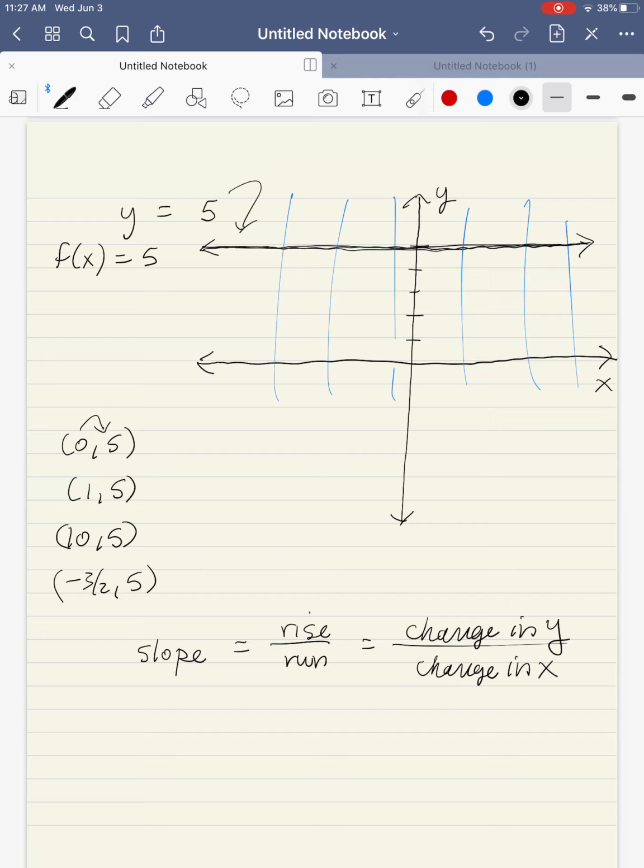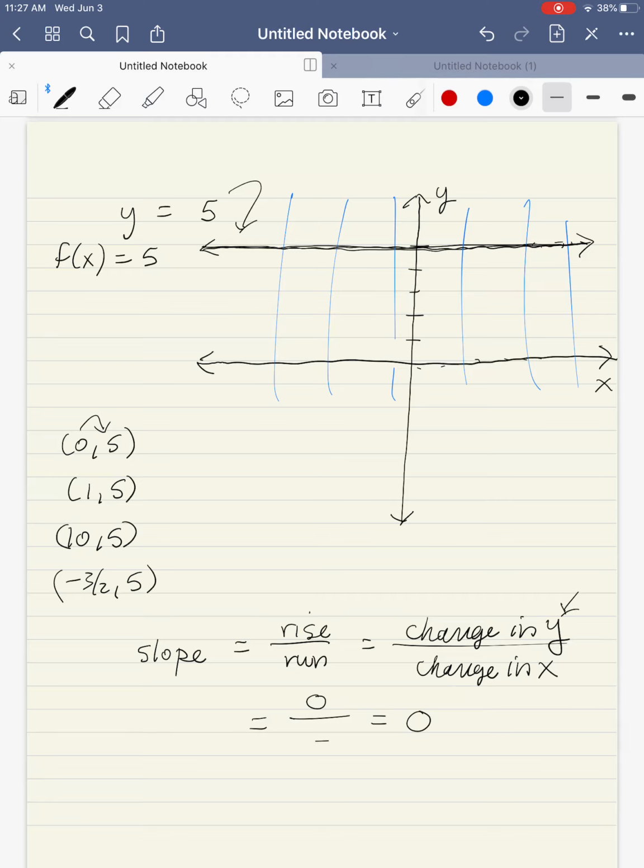So slope is saying how much is y changing for every incremental change in x. Well, y is not changing. As x changes, as x moves along, y is always 5. So that means if you have a horizontal line, your change in y is 0, and your change in x could be anything, the distance between any 2 points.